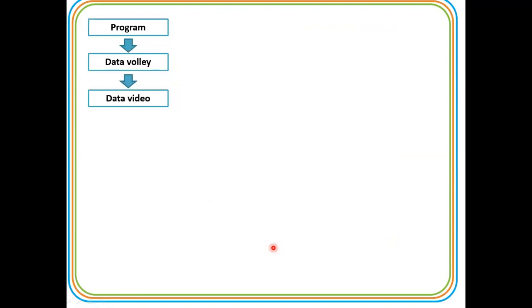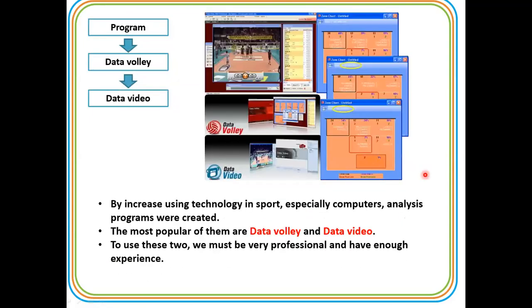Okay, and the programs. We have some programs for analysis. The famous ones are Data Volley and Data Video. Working with these two is very difficult, as you should have enough experience and you should be a professional to use these two programs.